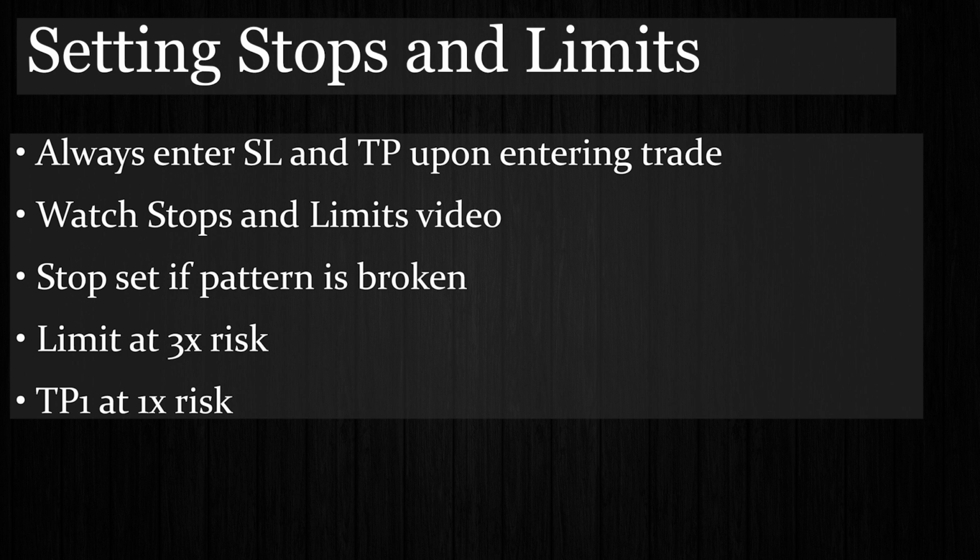So again, we set our stop based on where we think it is and choose our position sizing based on that. TP1 is an equal distance away, and the limit is 3 times away. When price does hit our TP1, what happens is we close half the trade.